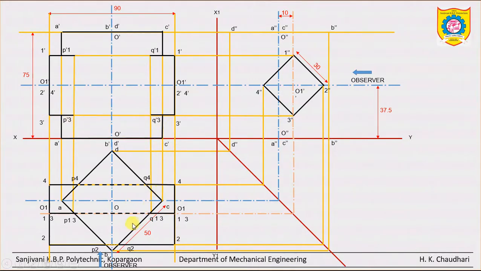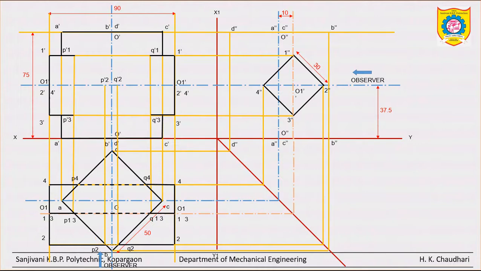Now see, from point number P2, draw the vertical projection. We got here the point P dash 2. Similarly from Q2, here will be Q dash 2. Clear? So now see, from P1 to P2 there is an inclined edge. How?